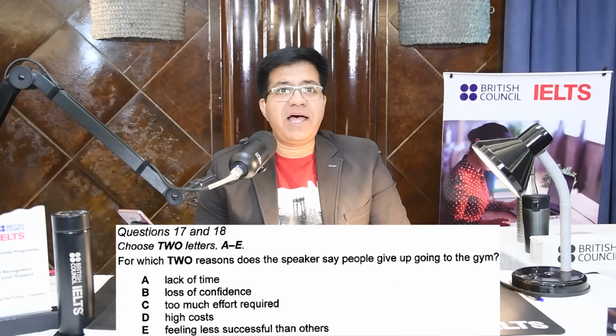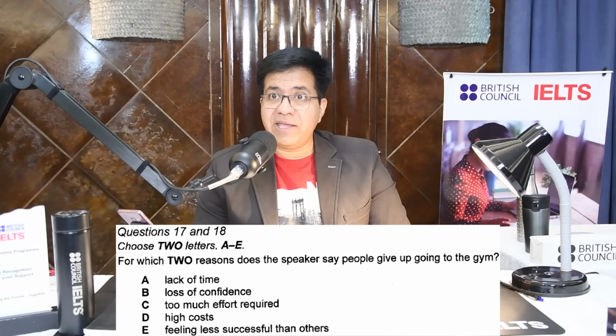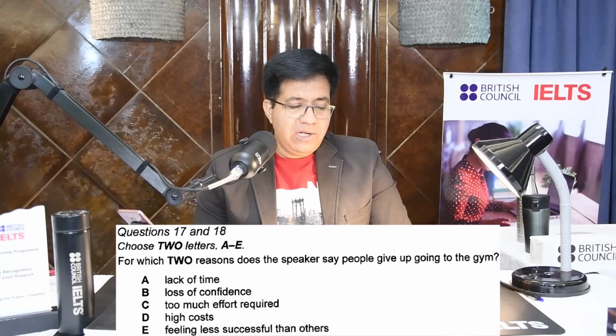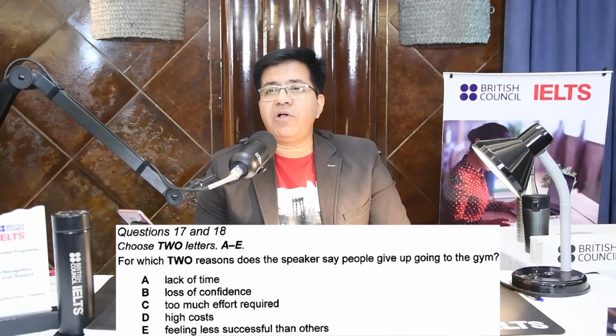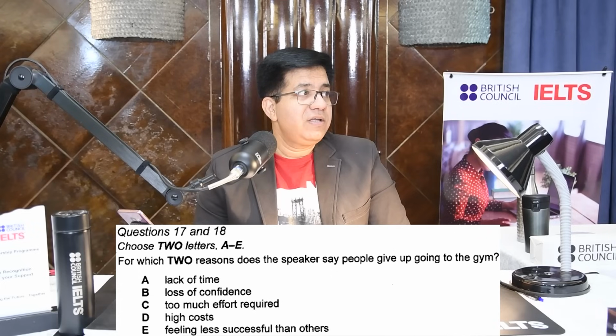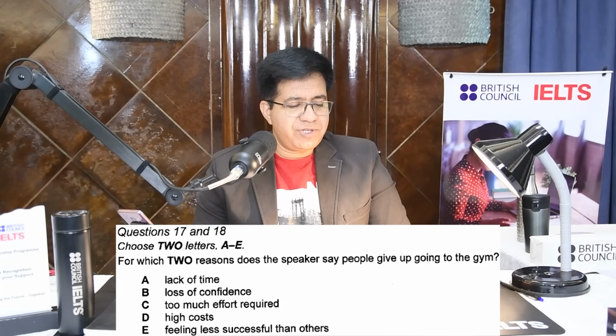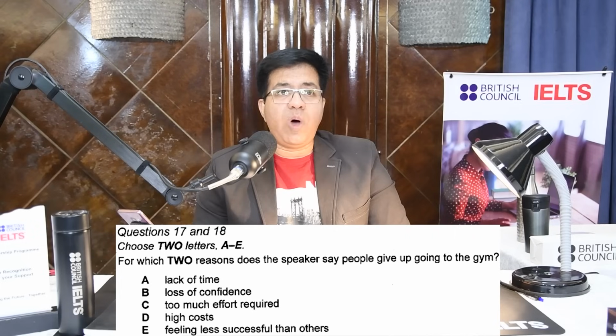Option A, lack of time. Like they say, people are busy, they don't find spare time, right? If it is time, A will be the right answer. Option B, loss of confidence. For confidence, they commonly use the word interest. People lose interest, right? Option C, too much effort required.